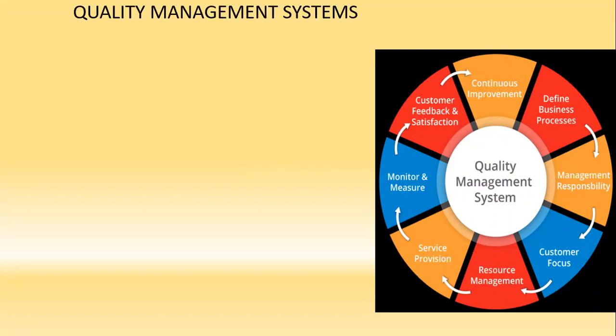So managers always look at the customers' point of view so that they keep their customers satisfied and happy. They also cover resource management and service provisions, and they monitor and measure the product, and always look into the customer's feedback and their satisfaction. Based on the customer's feedback and satisfaction, we always try to improve the product. So QMS looks into all these various aspects.